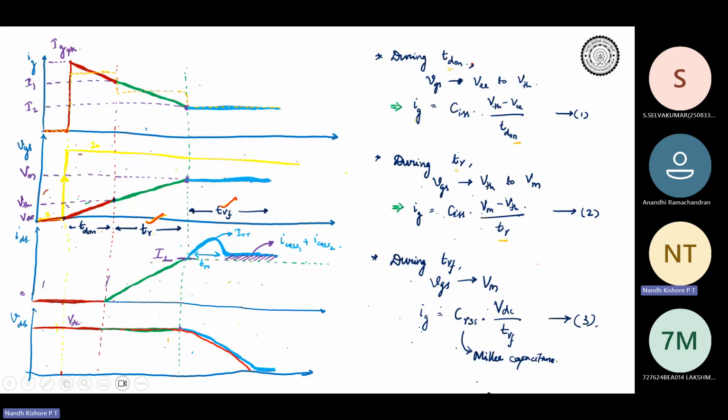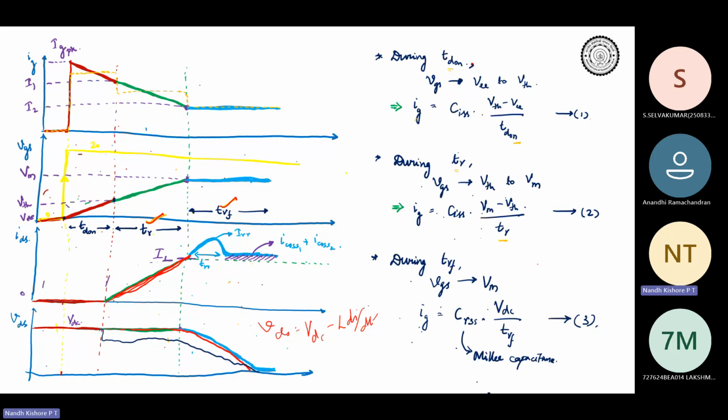You see over here, IDS is increasing, which is positive di/dt. If there is positive di/dt, what will happen to VDS? VDS will be VDC minus L di/dt. di/dt is positive. So VDS will be what? It will be a smaller number. So practically you will see something like this.